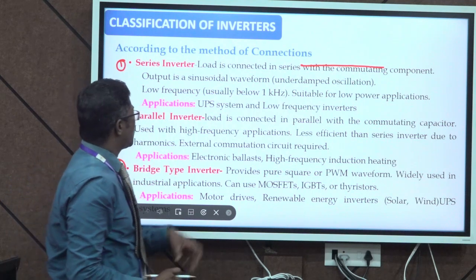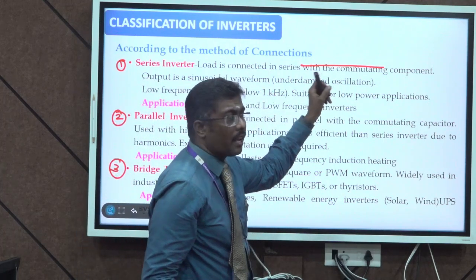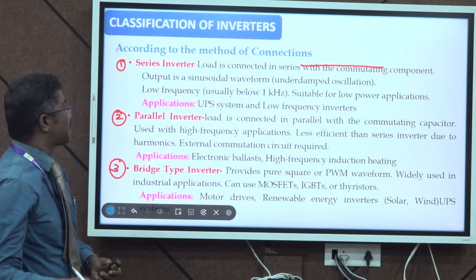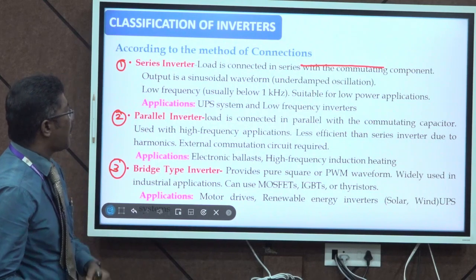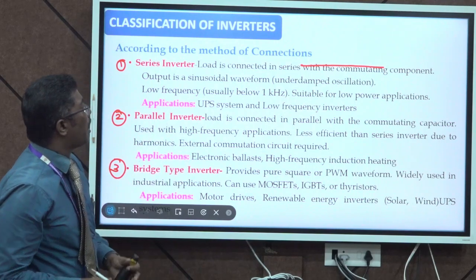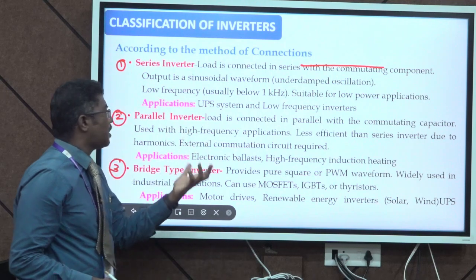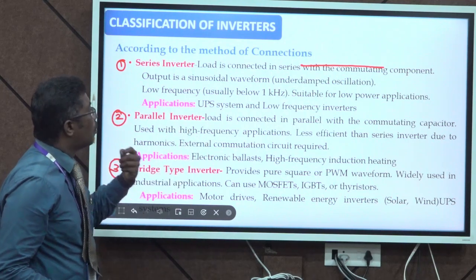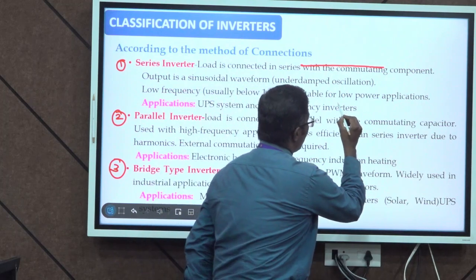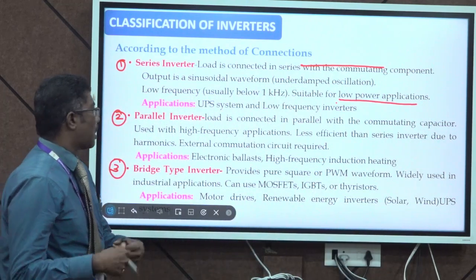In the series inverter, the load is connected in series with the commutating components, that is, inductor L and capacitor C. In this series inverter the output is a sinusoidal waveform which may have some oscillations. Series inverters are used for low frequency and can be used only for low power applications; they cannot be used for high power applications due to certain limitations.